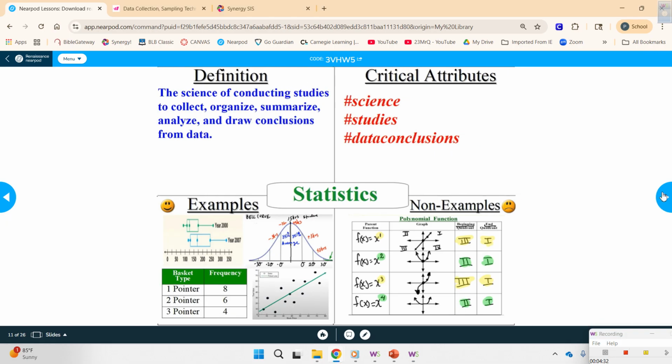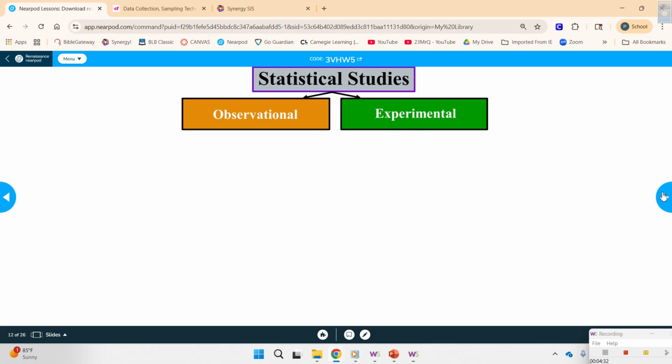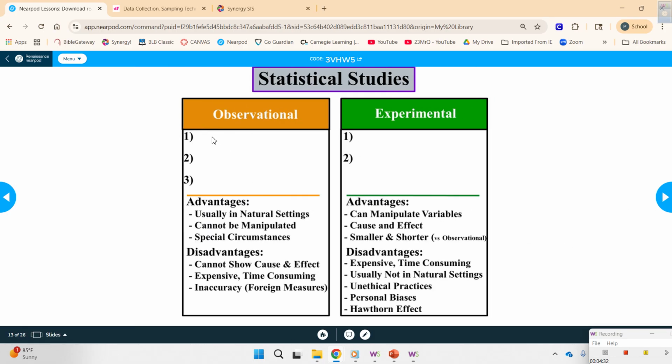There it is. Next, we talked about observational versus experimental. Look up to the screen. Think about the 3 observational and 2 experimental studies. Don't look at your notes.